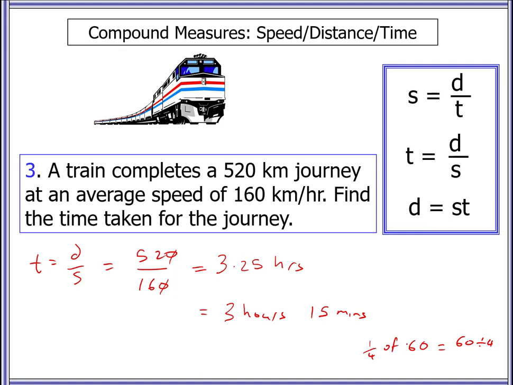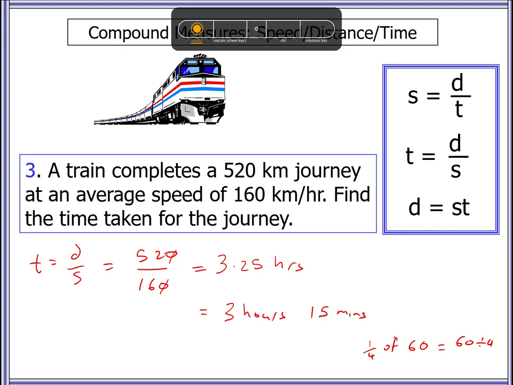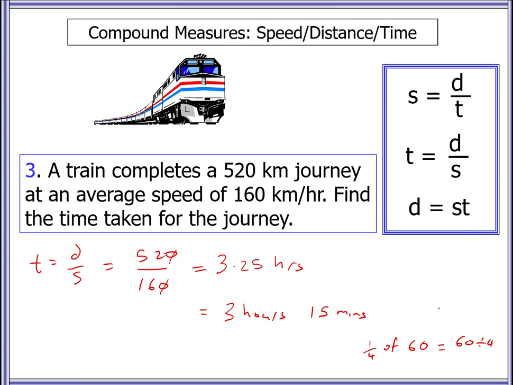I tell you what, instead of writing it that way, you can write 60 over 4, much better, which is 15 minutes, which is where this comes from there. Good example for you. So click pause, write it down. When you're ready to move on to question 4, click play again.